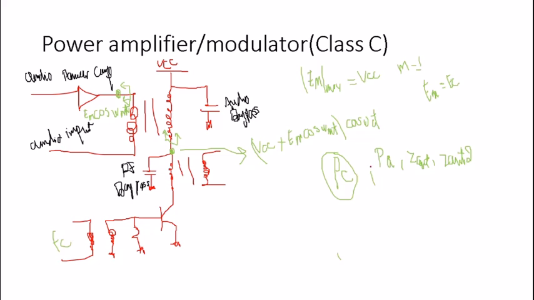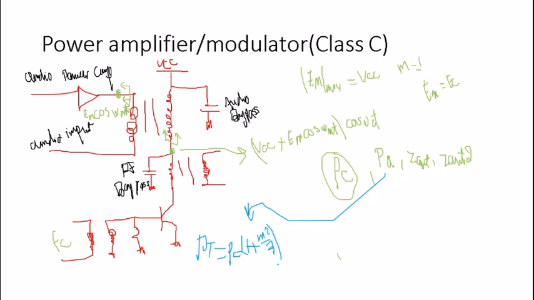So firstly, we want to find the power at the audio power amplifier. To do that, what we need to remember is that the total power equals the power of the carrier multiplied by 1 plus m squared over 2, m being the modulation index.